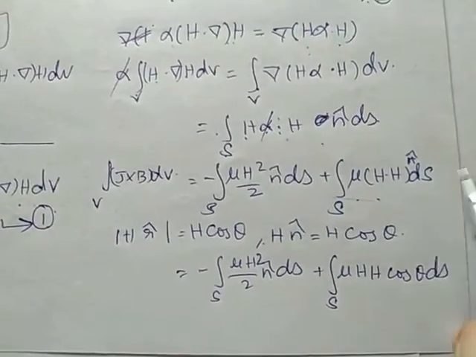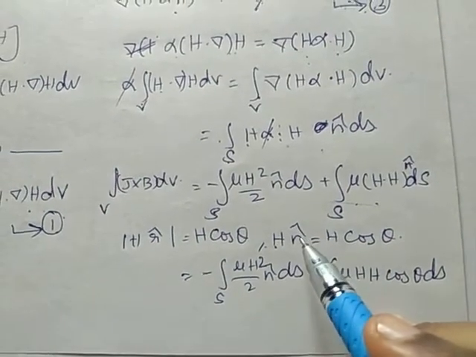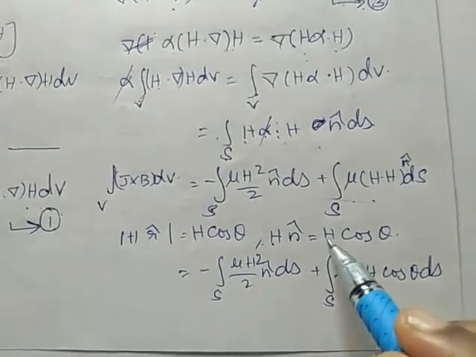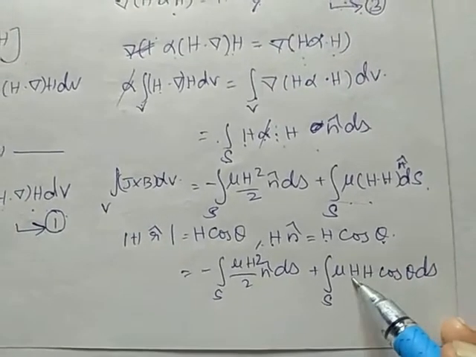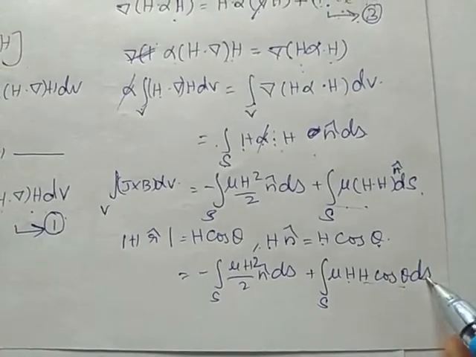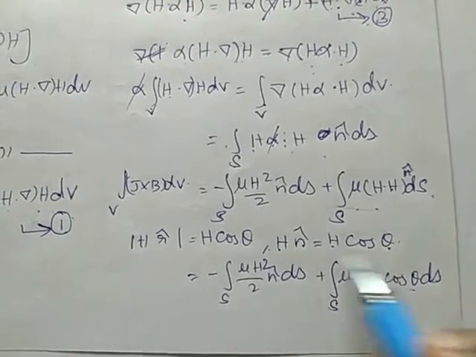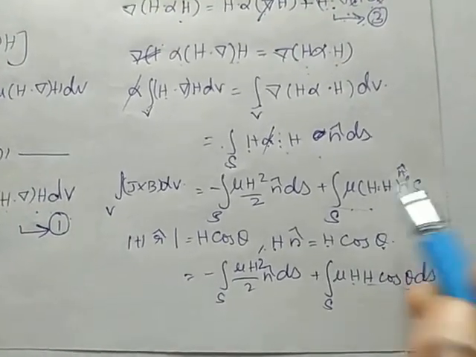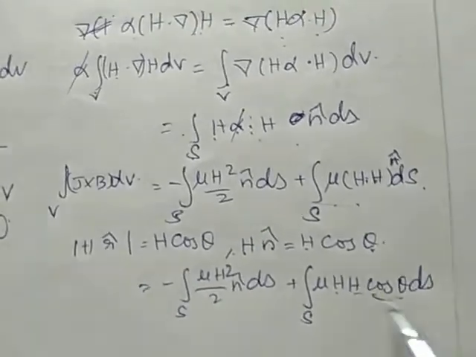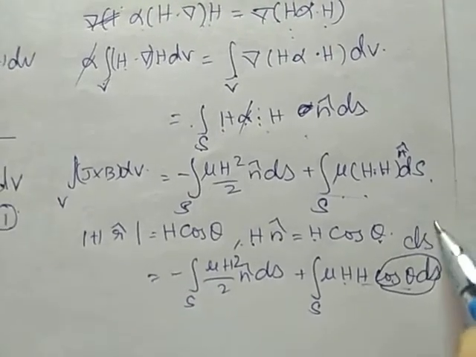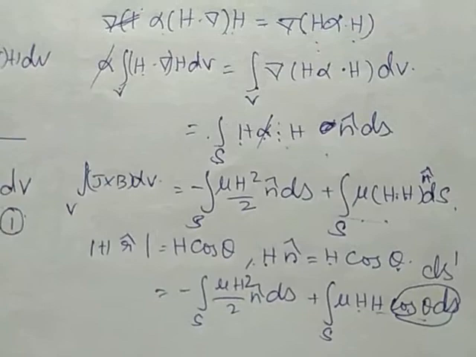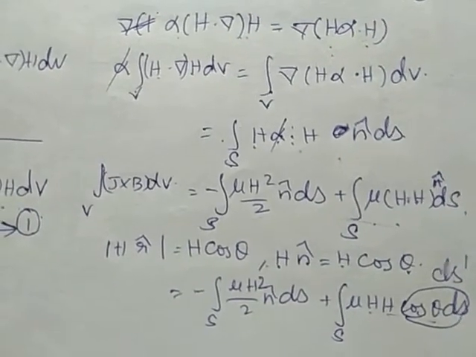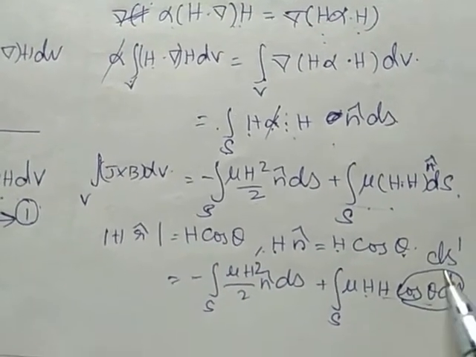I have just substituted h n cap as h into cos theta, so h n cap ds as h cos theta ds. I have just substituted this value in the second integral. This value is nothing but our ds dash. ds dash is cos theta into ds, which is the projection of ds.